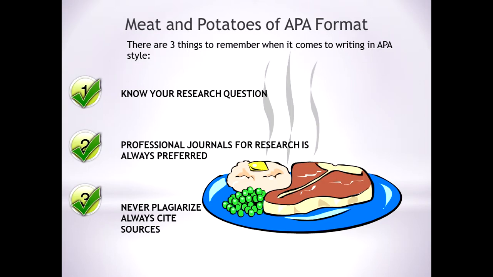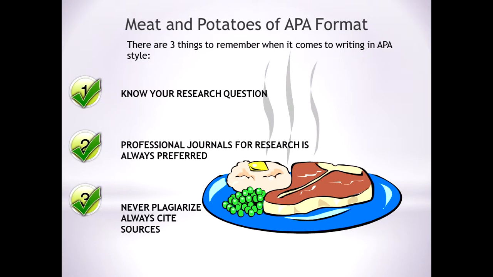They'll use that as their main source. Try to avoid that as much as possible for academic papers. Professors do look at peer-reviewed journal articles or professional journal sources. So try to limit your research to professional journals.